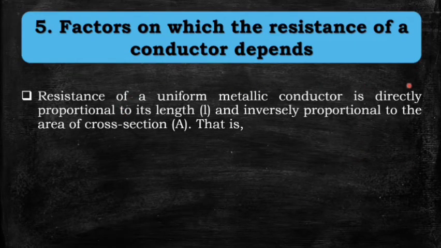Resistance of a uniform metallic conductor is directly proportional to its length and inversely proportional to its area of cross section. They are telling that resistance of a uniform metallic conductor is directly proportional to length and inversely proportional to area.